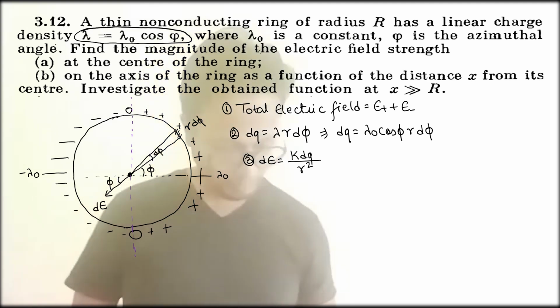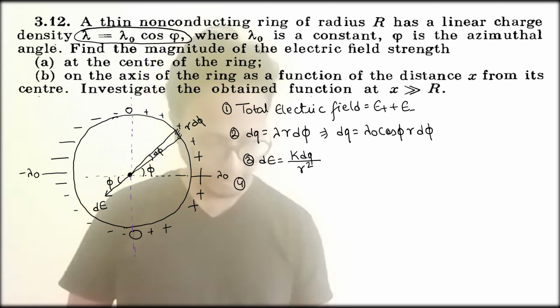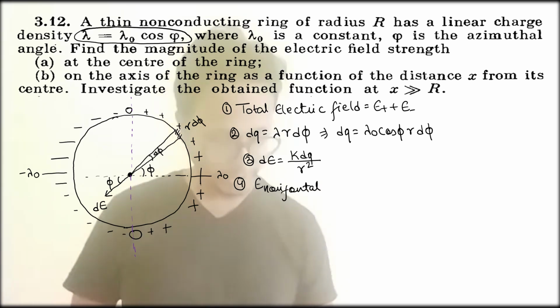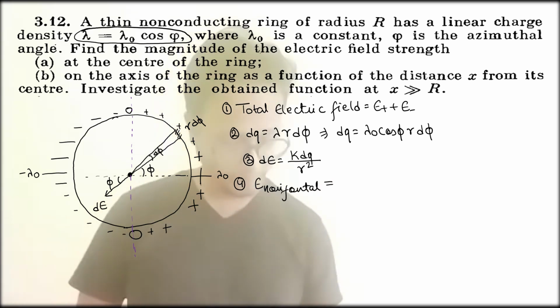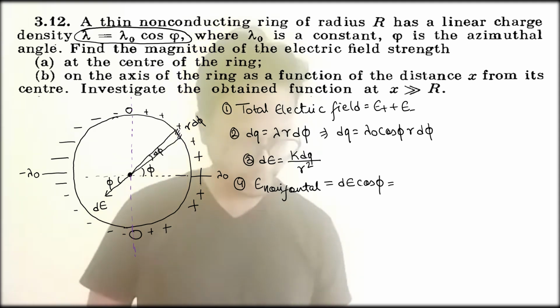So dE cos phi, or the x component, or horizontal component, is equal to dE cos phi. Or it is equal to, what is the value of dE? K dq by r square.